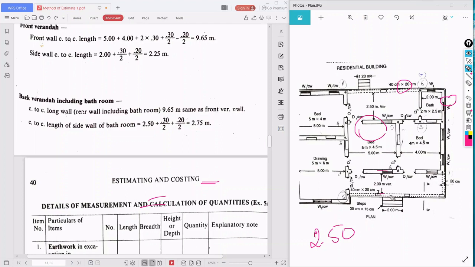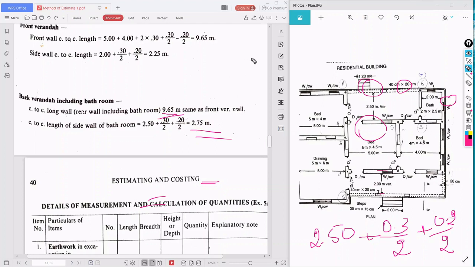Here you have a 30 centimeter wall, so plus 0.3 by 2, plus here a 20 centimeter wall, so 0.2 by 2. The answer is 2.75. So 2.75 is the short wall length for the back veranda, and 9.65 is the long wall distance for the back veranda including the bathroom.